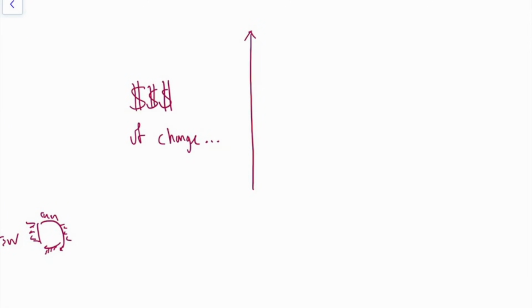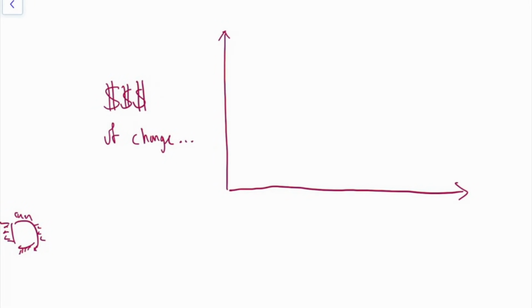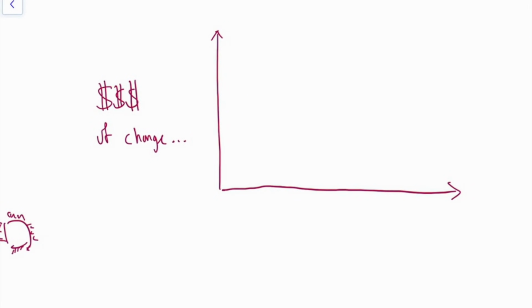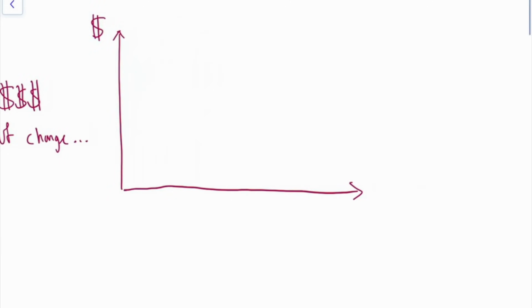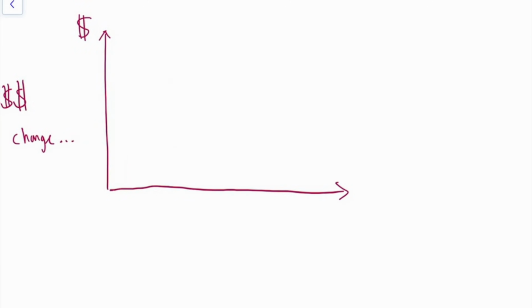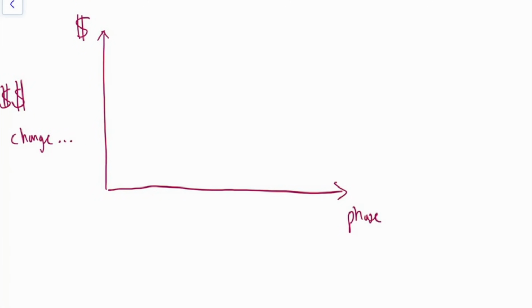and I guess at some point we saw this graph at the early parts of this module. The y-axis is the cost. The x-axis is the phase of development.